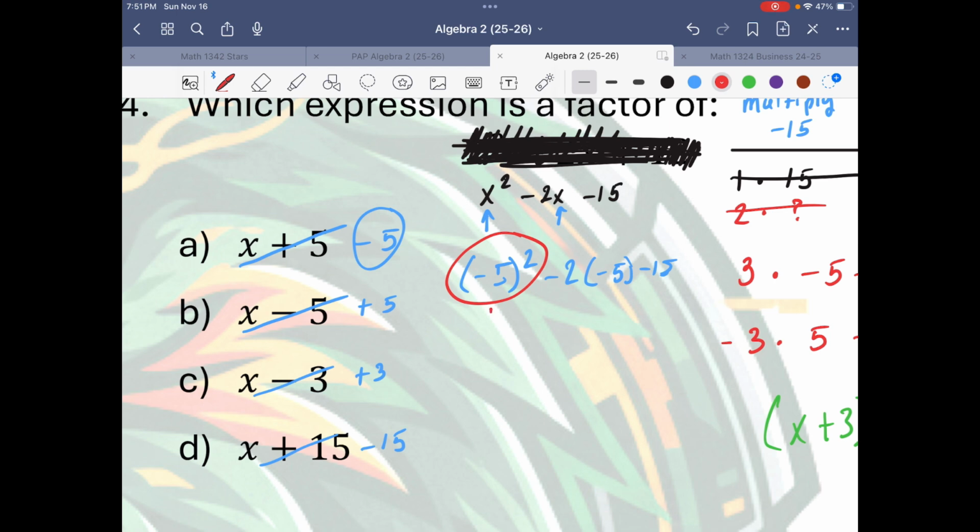Negative 5 squared, that means 25. Then you got a negative 2 times a negative 5. My pen's not working, what the heck?